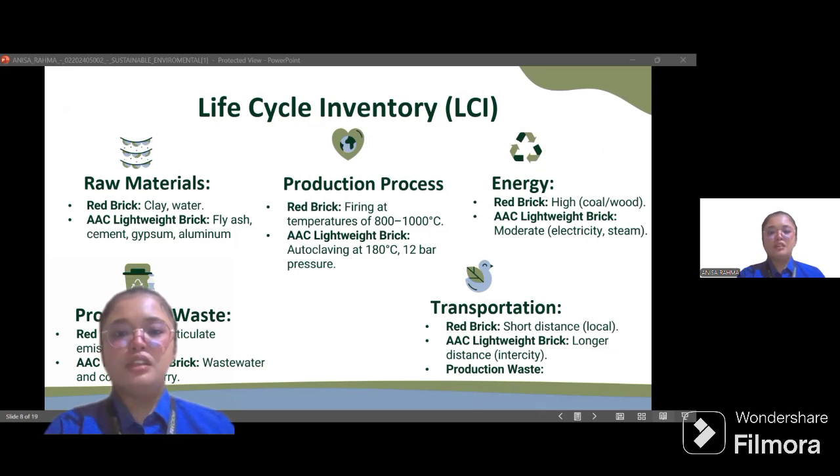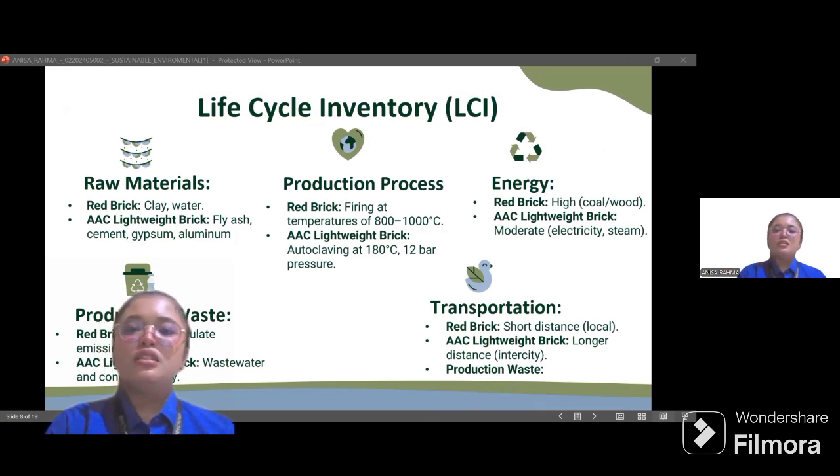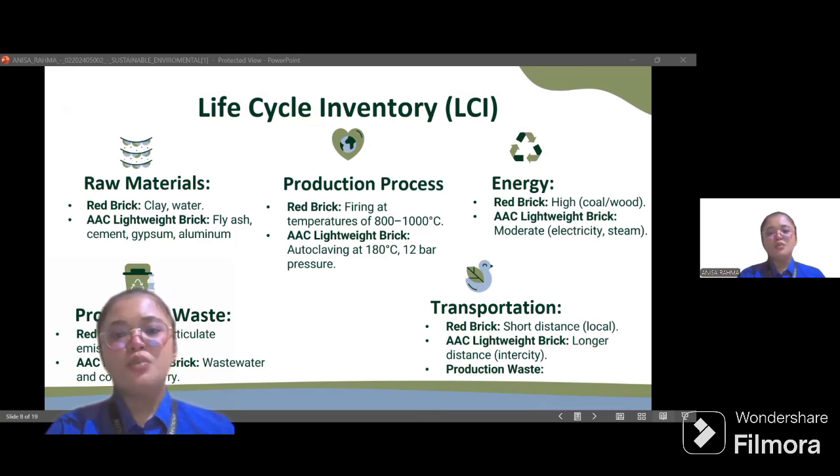And then the fifth is production waste. In the firing process, the red brick produces ash and particulate emission, which are one form of waste that can pollute the air and soil and so on. This ash is often poorly managed, posing a challenge in reducing the environmental impact of red brick production.